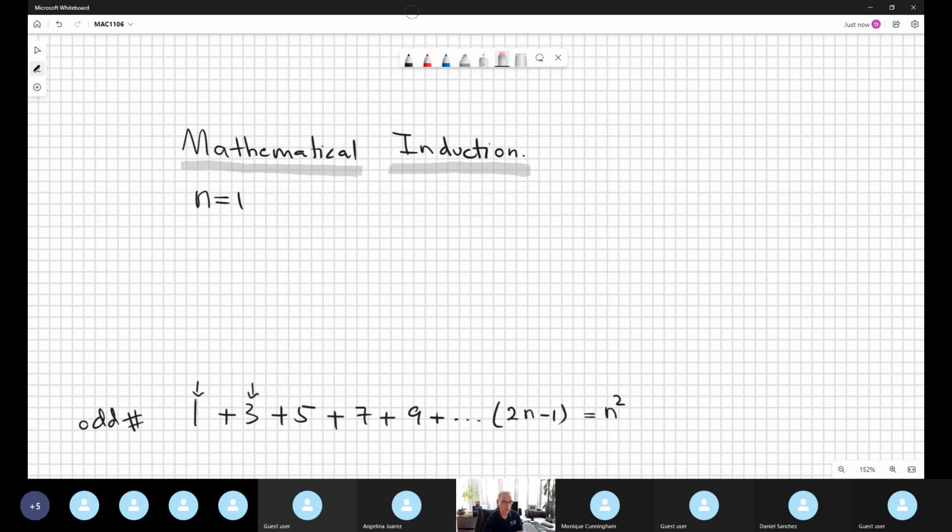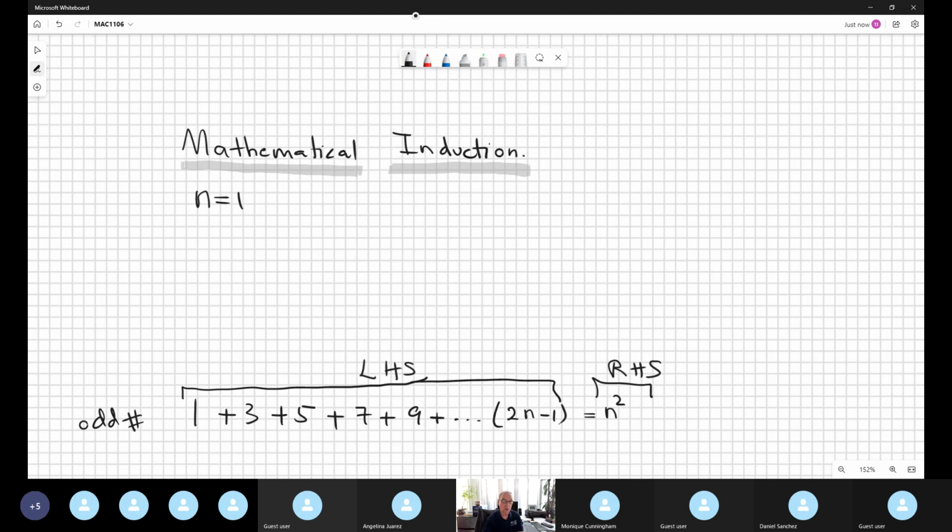But let me try to understand this. Suppose n equal 1. So you plug in n equal 1 in the left-hand side, and in the right-hand side of this hypothetical formula that somehow I want to prove.